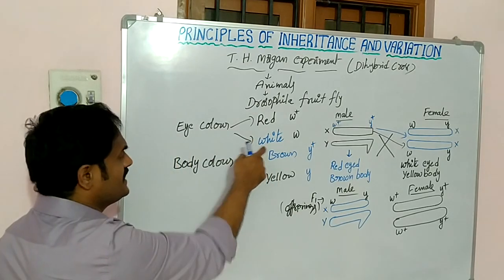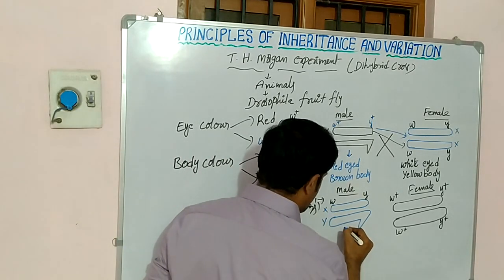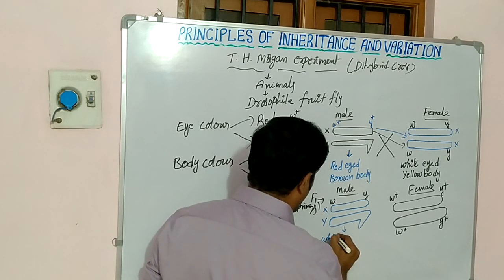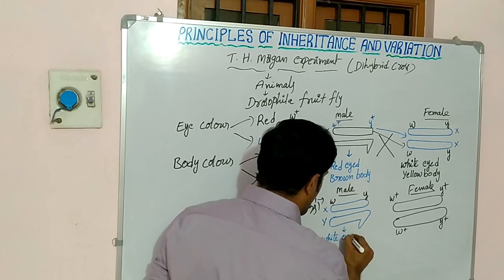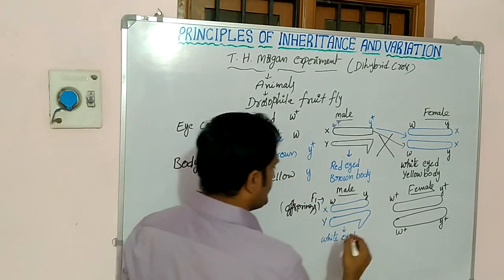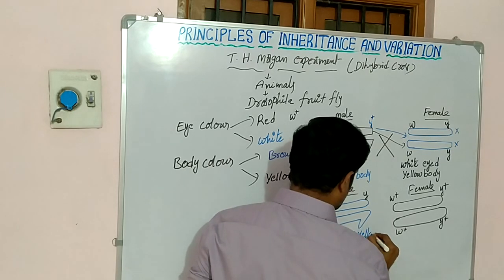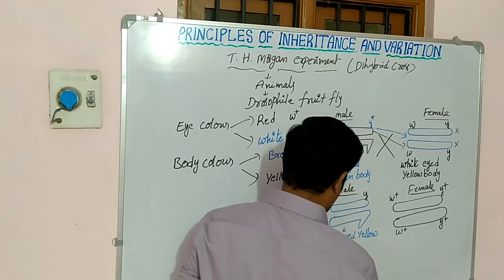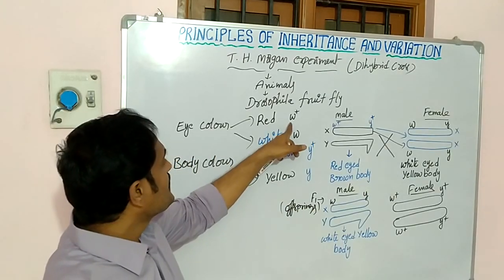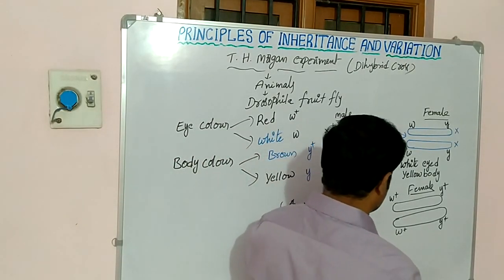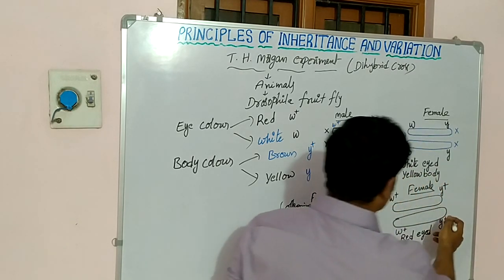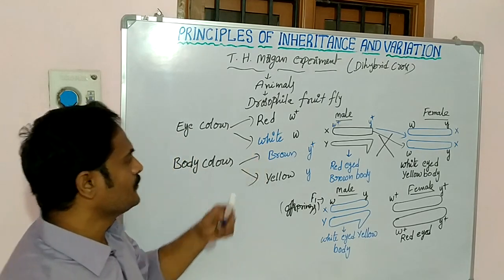W indicates white, so which type of male is produced here? White-eyed, and Y means yellow body. Then W plus means red-eyed, and Y plus means brown body.